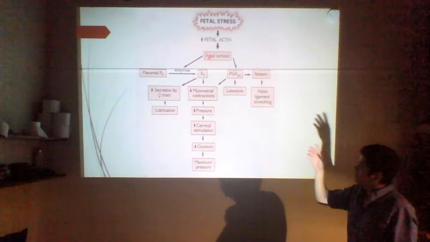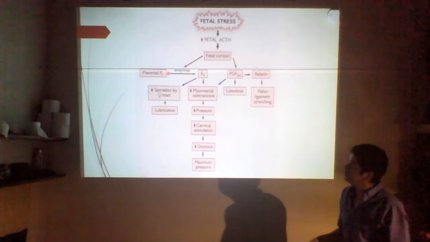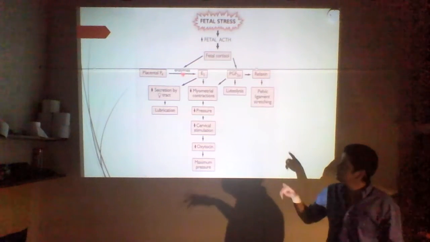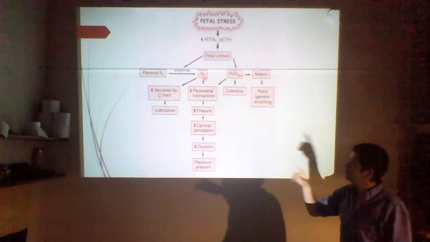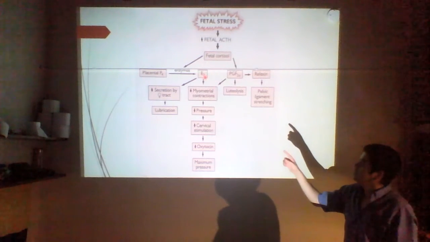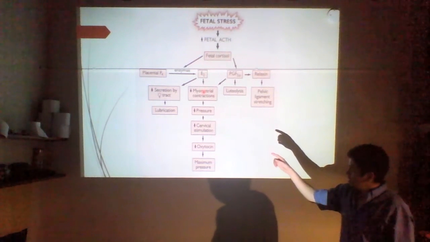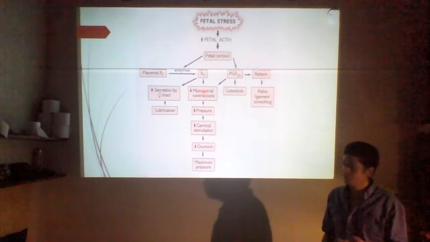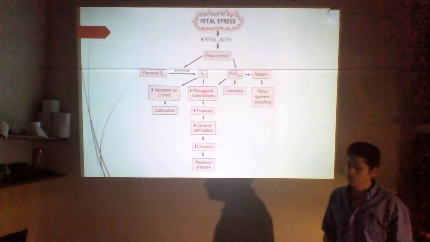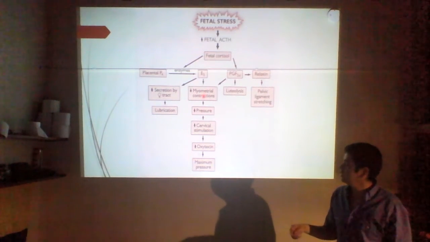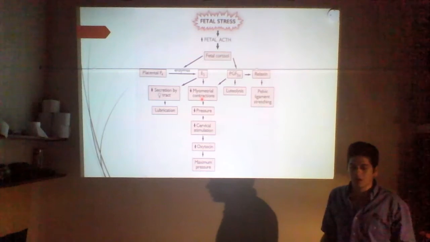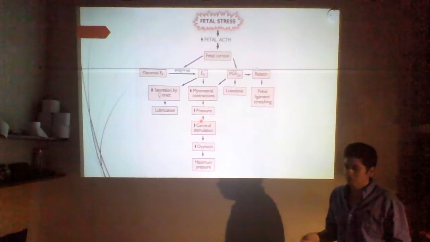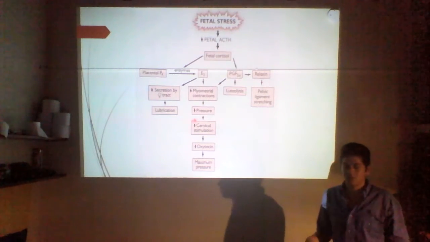The fetal cortisol, with the help of enzymes and with the E2, levels up the uterine contractions, which then raises the pressure and picks up the cervical stimulation.